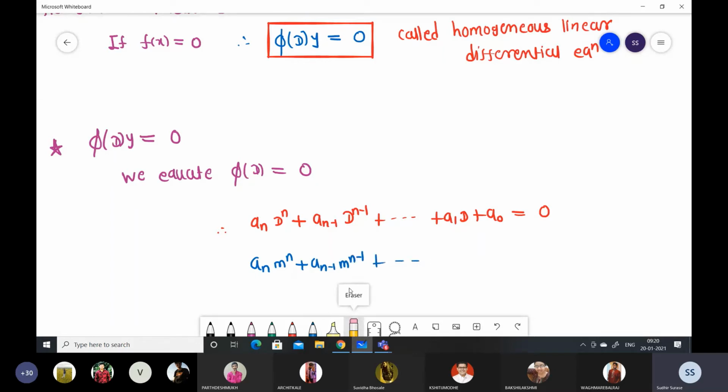Our aim is to find the roots, to find the solution of this equation. And once you get the roots, thereafter you can write the solution accordingly.